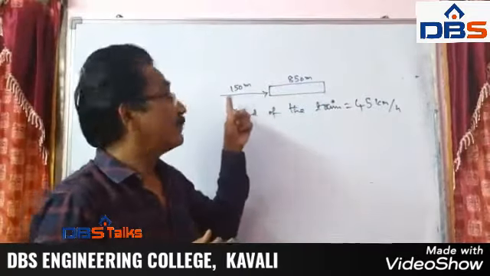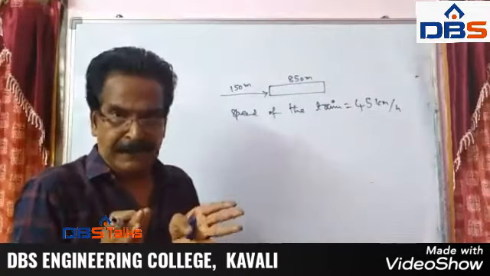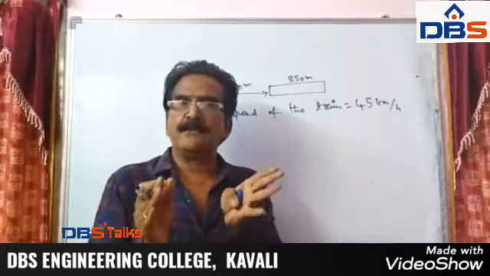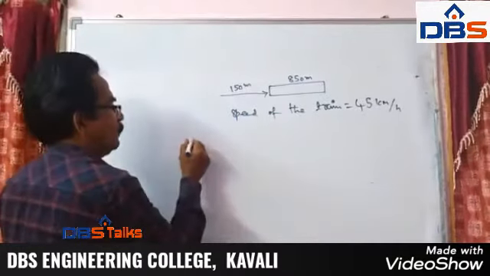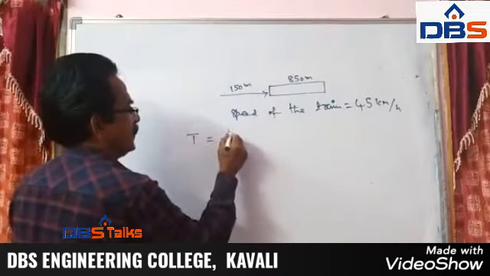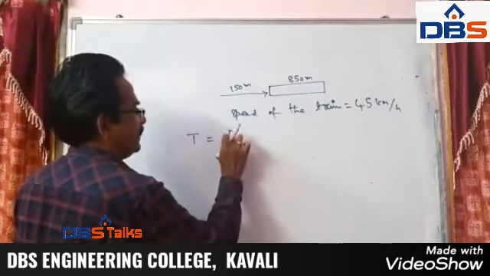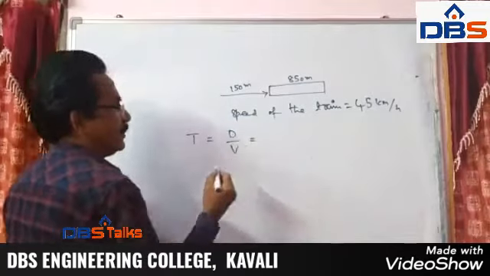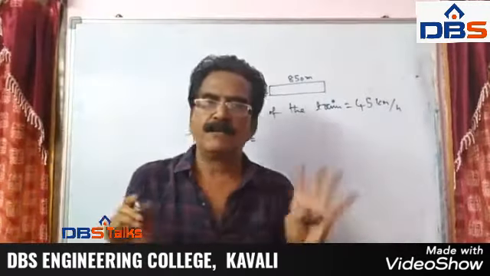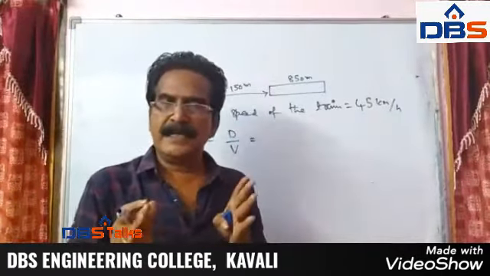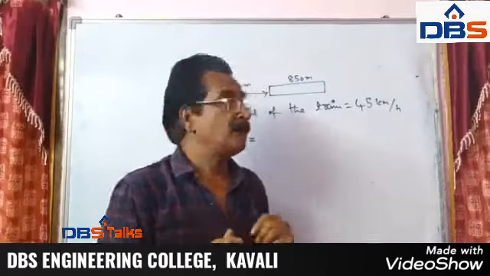See friends, we want time. Basically, what is the first thing? Time is equal to distance by velocity. That is the first thing.